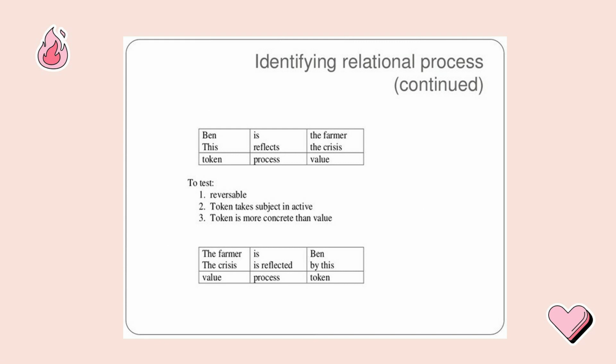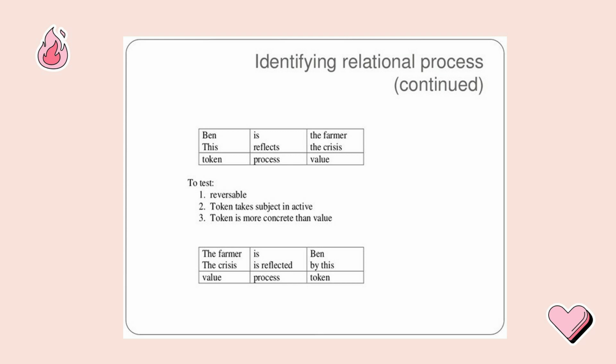Okay, now let's look at the first table. It is the example of relational process. The first is "Ben is the farmer." Ben here is a token, is is the process, and the farmer is a value.